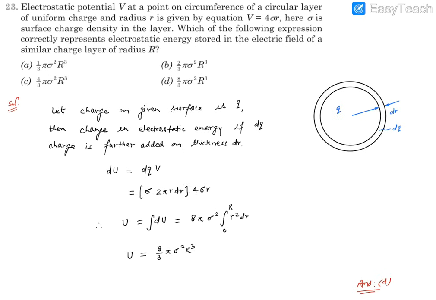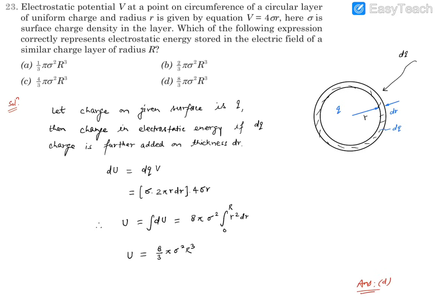In order to find that, we need to use a differential element method. We can think of, let's say, initially at a certain time we have a charged circular layer of radius small r and it has a charge q. Then we bring dq charge from infinity and deposit it on its circumference, so that its radius grows by dr. Every time we bring dq charge from infinity, we count how much work is required.